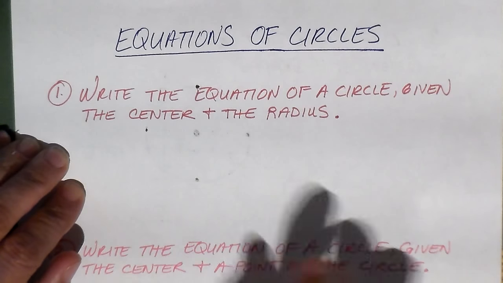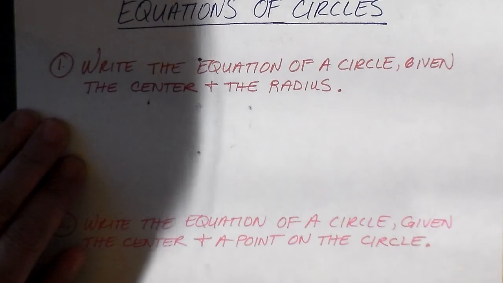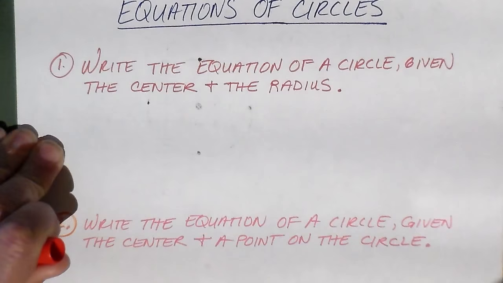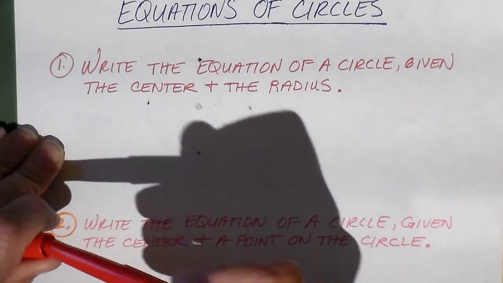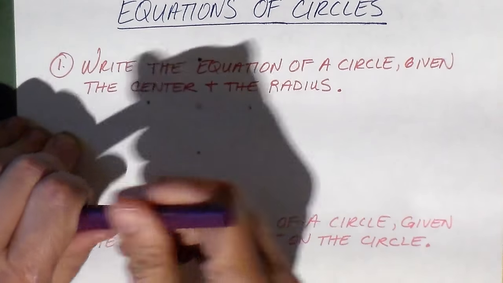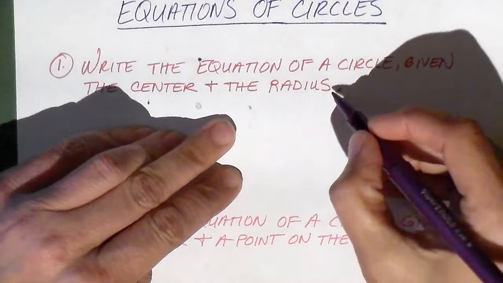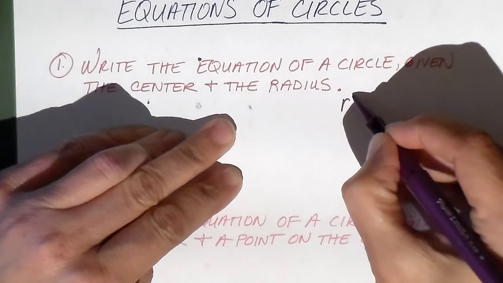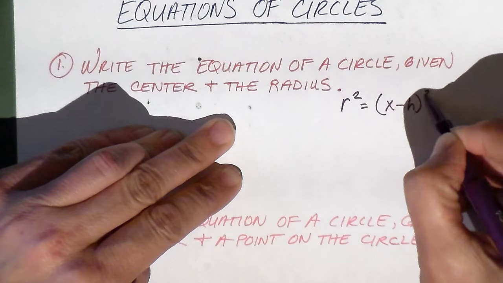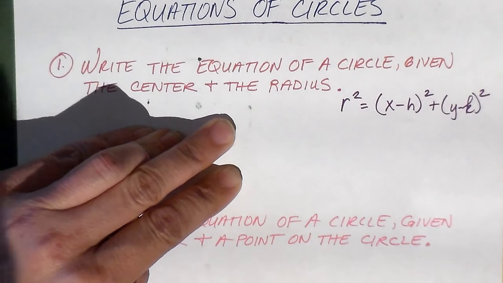So the first one is write the equation of a circle given the center and the radius. In this one, you're going to be given the center of the circle and the radius. Just to review, the equation of the circle is r squared equals x minus h squared plus y minus k squared.